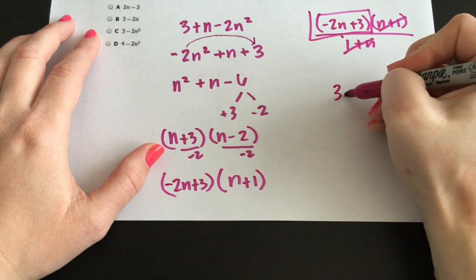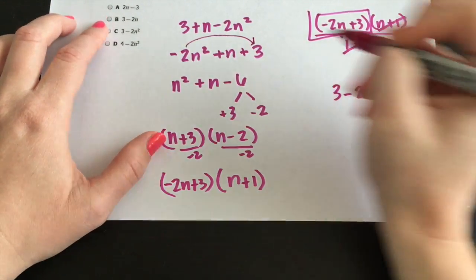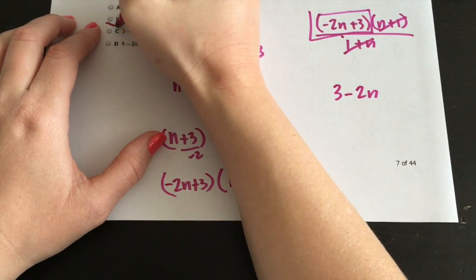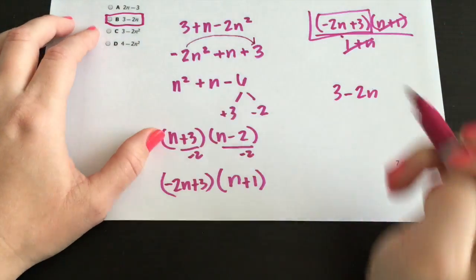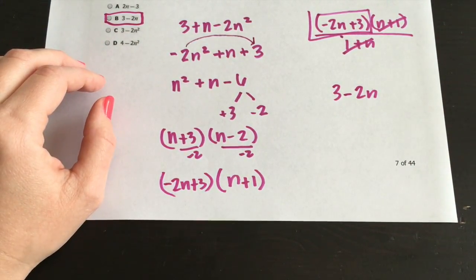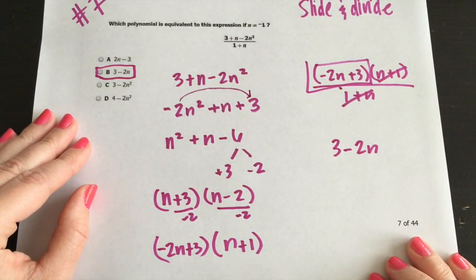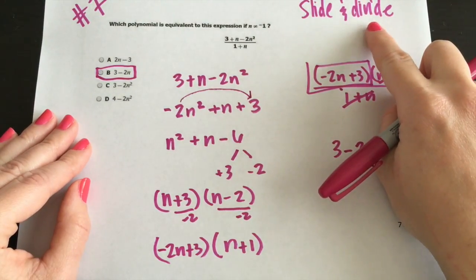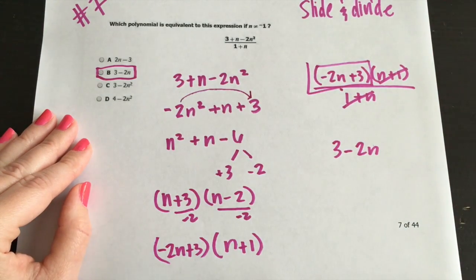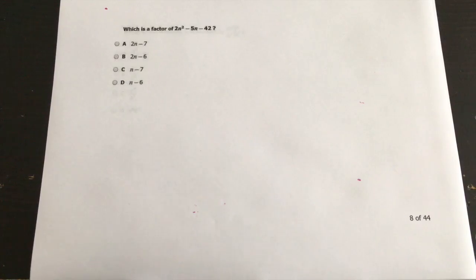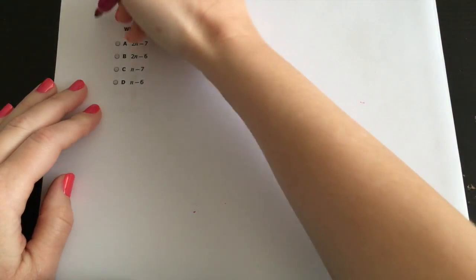It's rewritten as 3 minus 2n. It's right here, B. At first I was like, oh, where is it? But then I realized they just rewrote it. So there's our answer. That's number 7 for us. Again, this technique was called slide and divide. All right, so number 8.